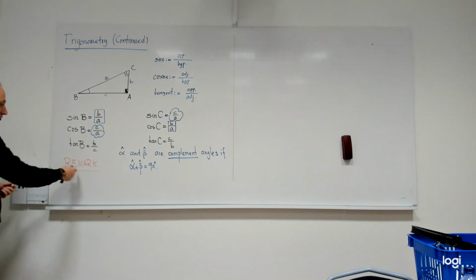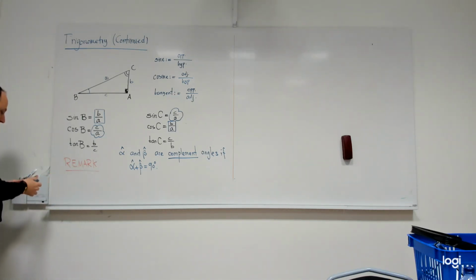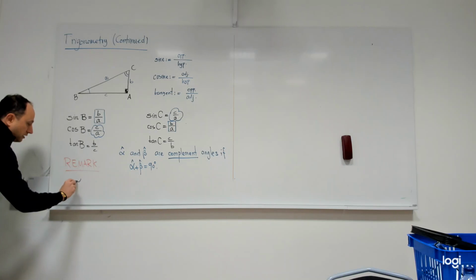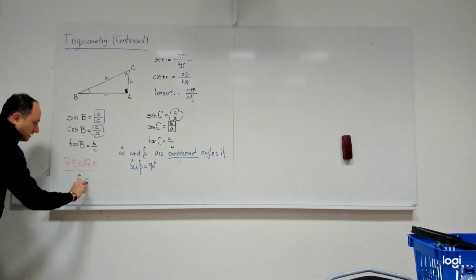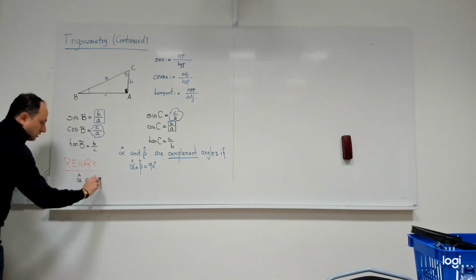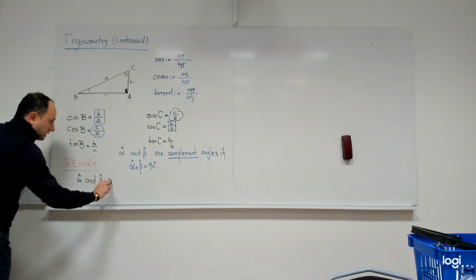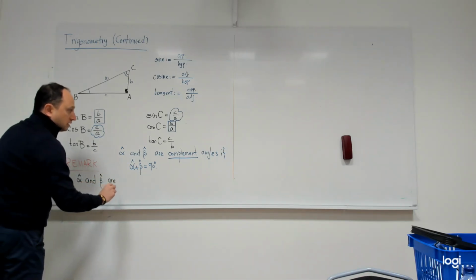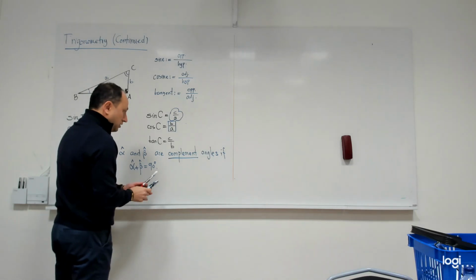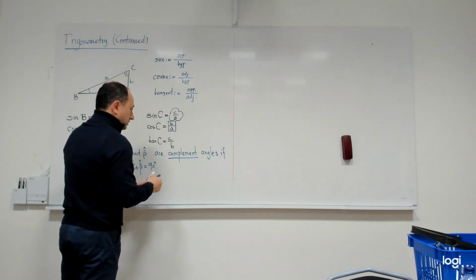Okay, and the remark is this. Let me write the remark in a slightly different way from yesterday. We say that if alpha and beta are complement, sorry, I should write complementary angles. Yes, complementary.